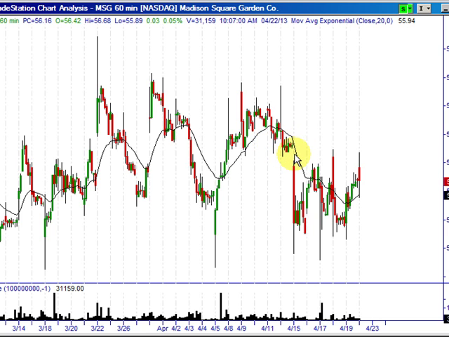Now in a lot of these, what you'll notice is that there's a two-wave bounce within this before the continuation kicks off. So a couple of these last two are really clear. Now when we go to the larger time frame, you notice that in MSG we have a larger initial bounce taking place off of the lows of the 15th, a correction here over the last couple days, and then the move into a second high here now taking place on this 60-minute time frame.